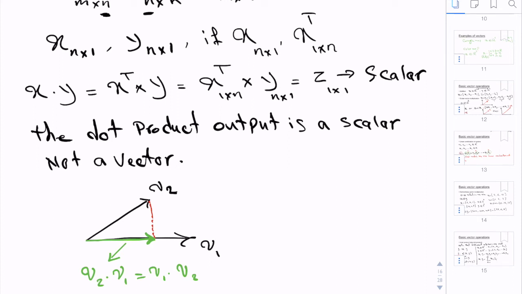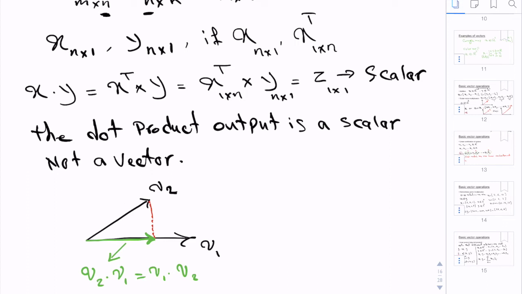We project vector 1 onto vector 2. So that's one definition. There's also another definition: the dot product presents how close two vectors are to each other.